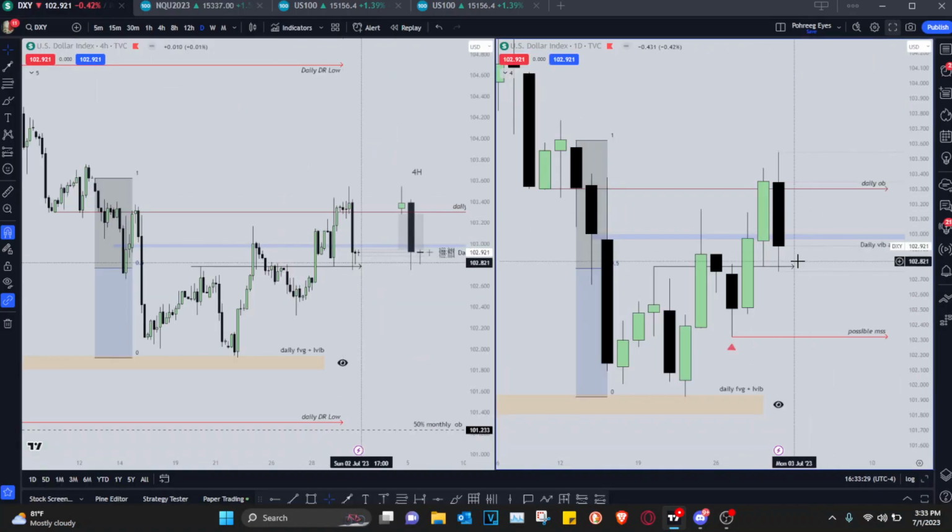And what happened for DXY? We tagged into, what did we tag into? We tagged into a volume imbalance on the daily. So when we got this, there was going to be a retracement lower. Yes or no? Yes.